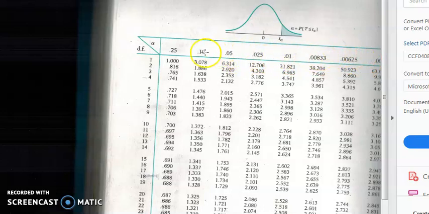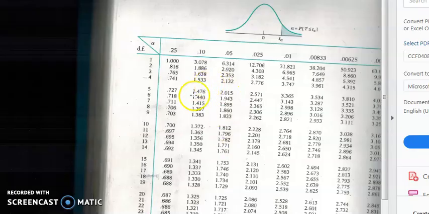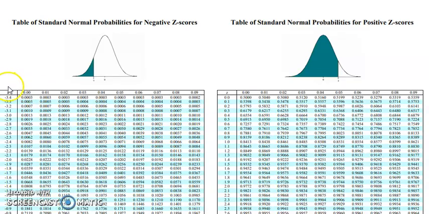So we are not given as many values as we have for standard normal distribution. And all the numbers in the table correspond to this t value, or what we previously called z value, instead of the first row, first column. So it's kind of switched.